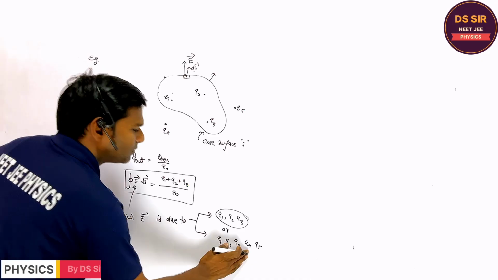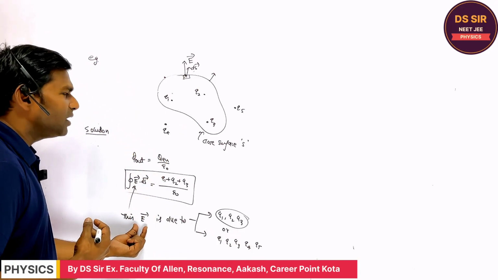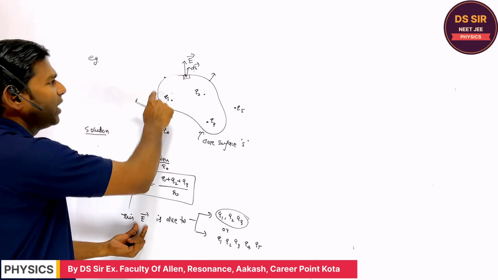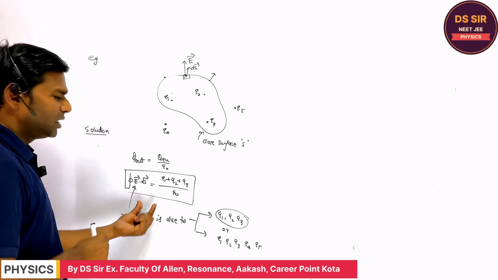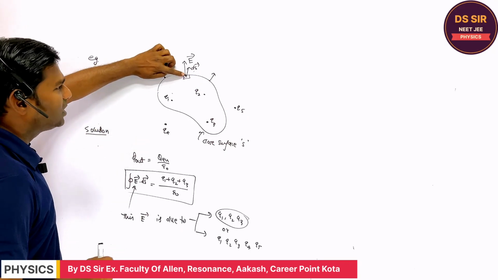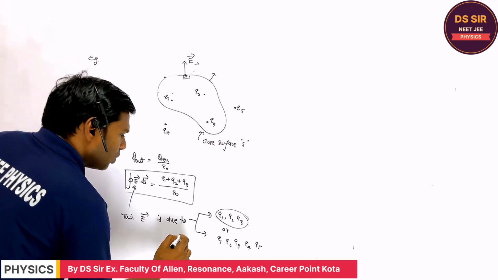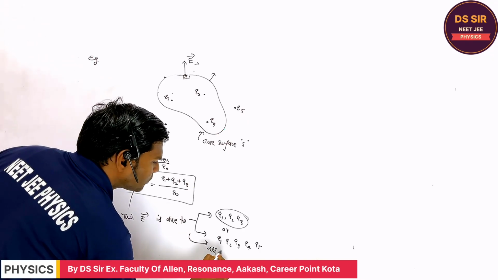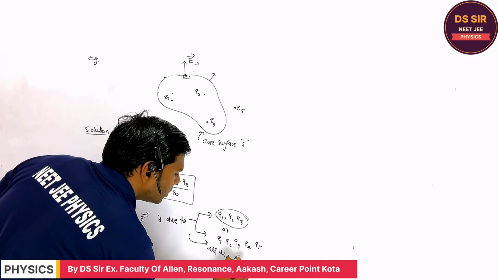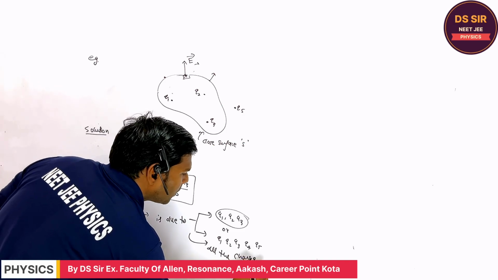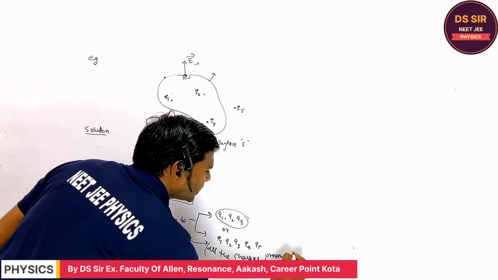You have to tell. I am telling you now: although the charges enclosed, Q1, Q2, Q3, are taken in the calculation to find the flux, at this point the electric field is due to all the charges present in space.